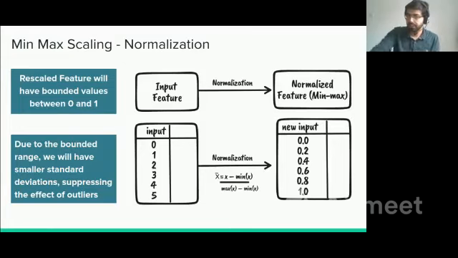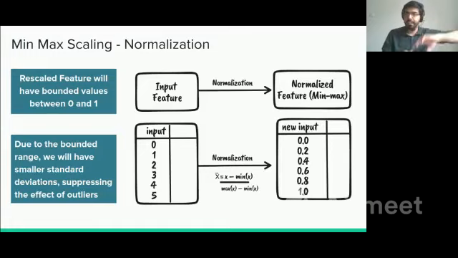Some modeling techniques, of course, are not affected, like I mentioned earlier, but some want you to have similar ranges for all or most of your features. Because you're bounding your input and output, you will have smaller standard deviation, and the effect of outliers would be minimized.